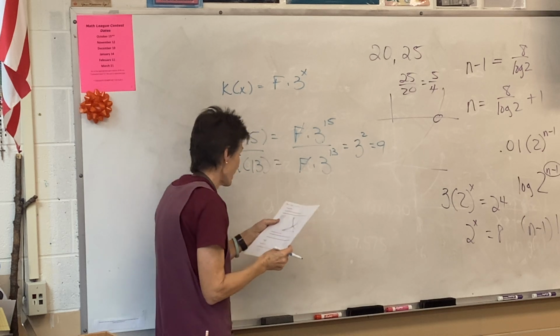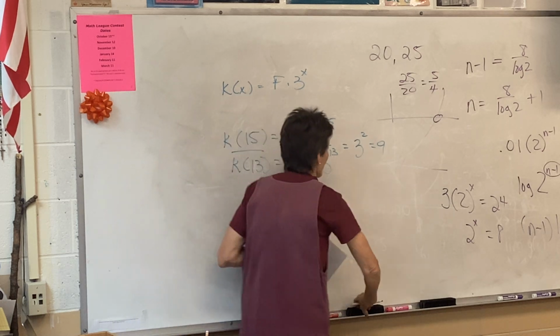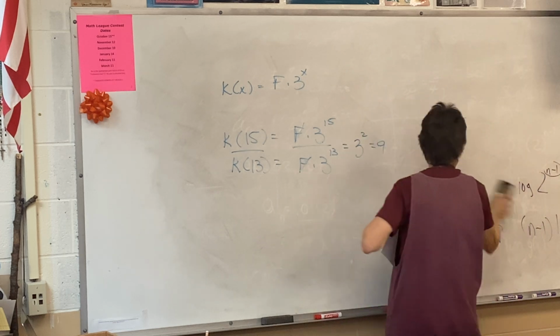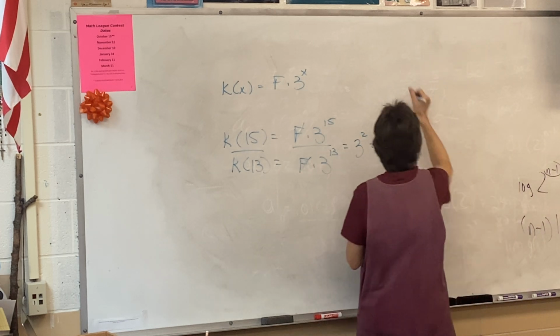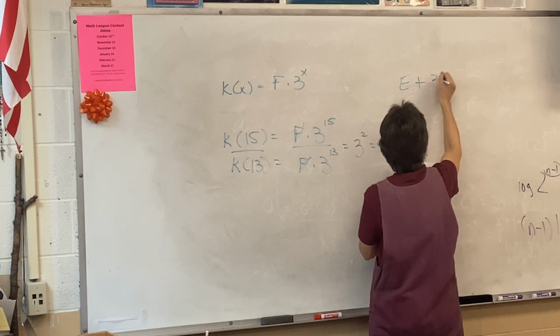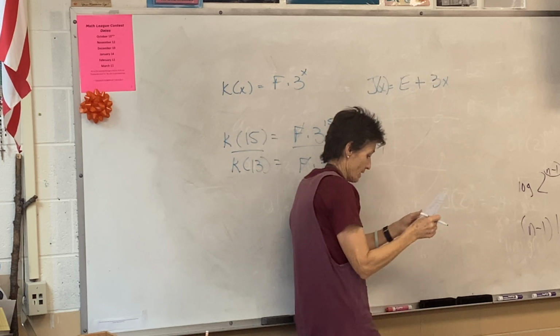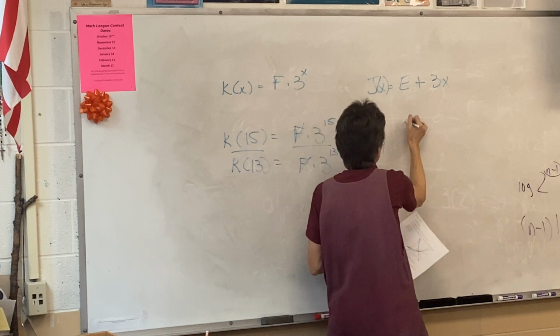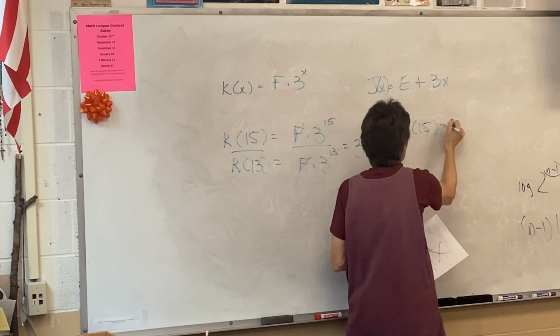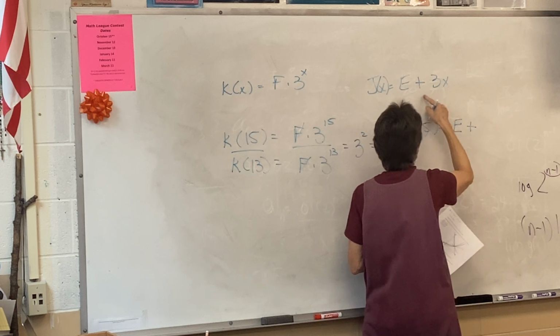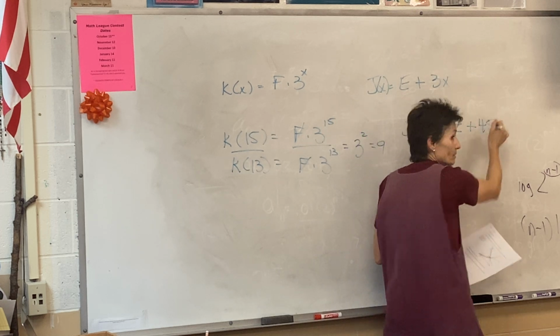All right, what's J? J is E plus 3x. So we want to know J of 15. J of 15 would be E plus 45.